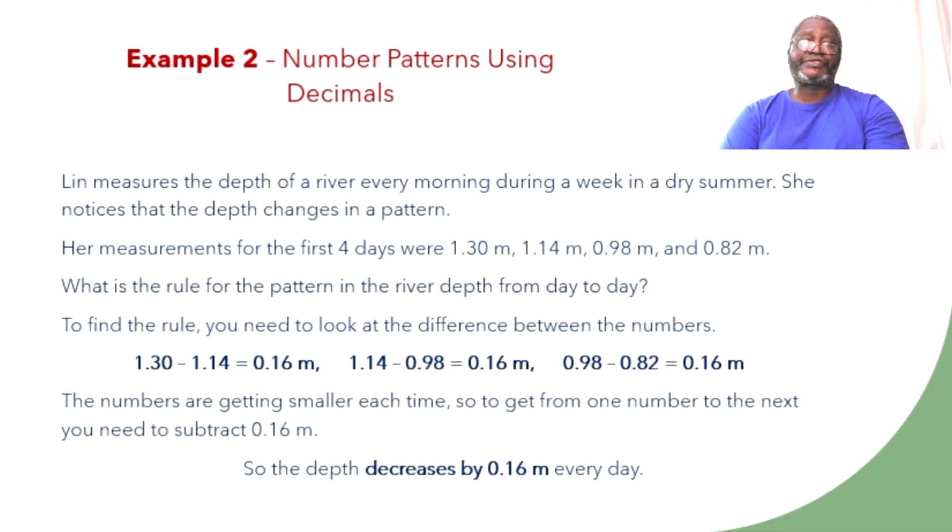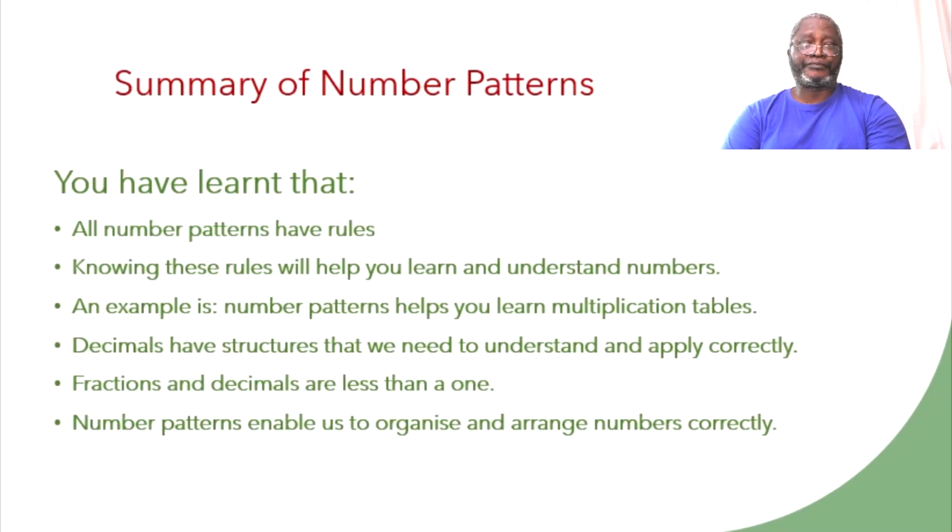So let's summarize number patterns. You've learned that all number patterns have rules. You either add a consistent number or you subtract a consistent number. Knowing these rules will help you learn and understand the numbers. An example is number patterns help you to learn multiplication tables. And of course, it also helps you to learn division, because division is the opposite of multiplication.